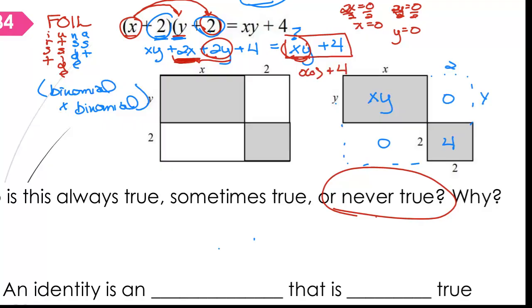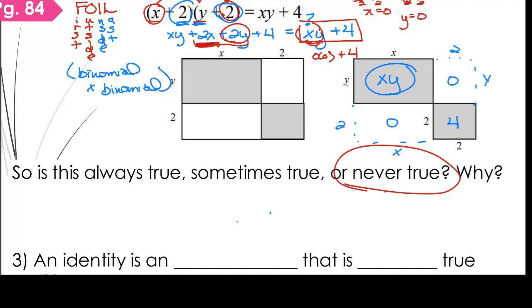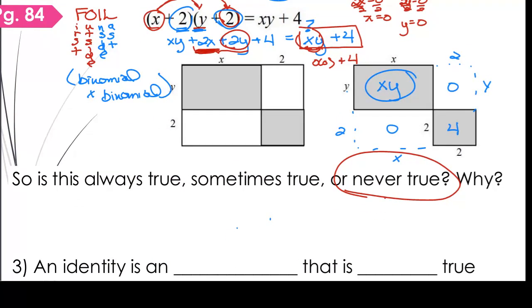And if this is 0, that means this x would have also been 0, but that would have zeroed this out too, but it's also there. So that is never going to be true. Why? Because if these were 0, this should have been a 0 also. Okay?